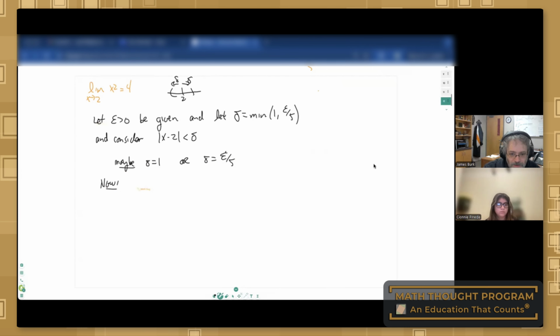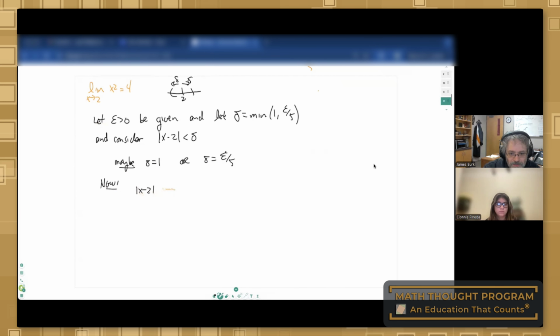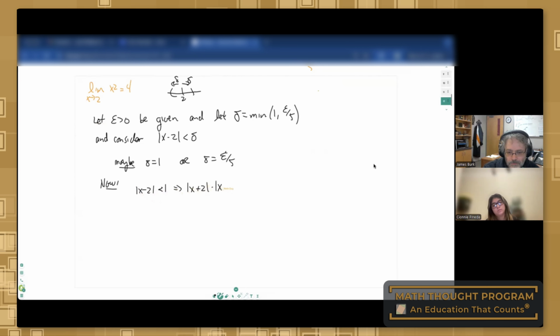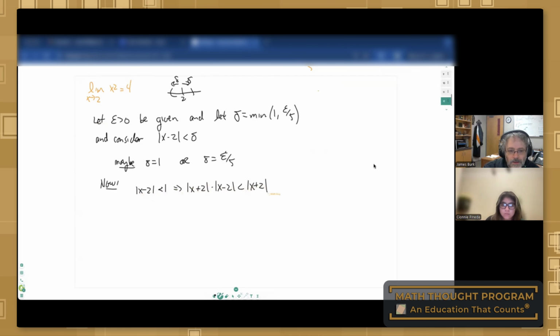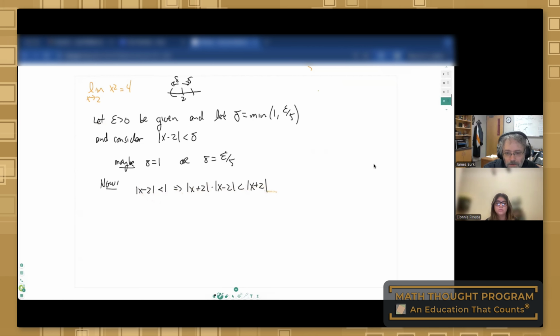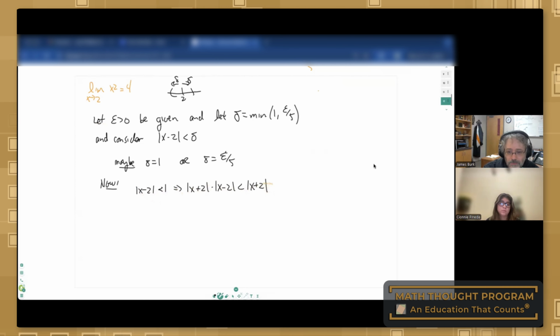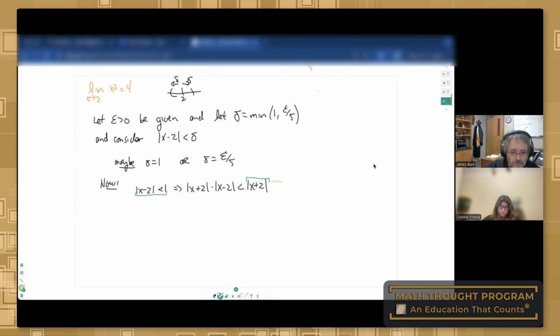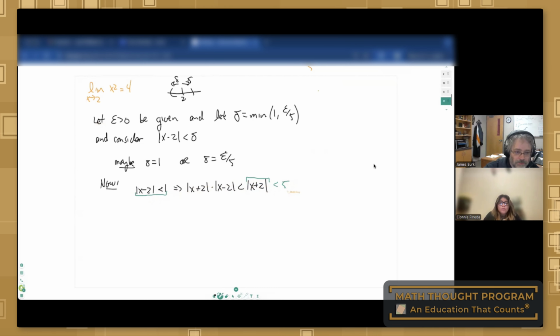Here, if I have |x minus 2| less than 1, I could take this inequality and multiply both sides by |x plus 2|. And I know beyond a shadow of a doubt that whenever I have |x minus 2| less than 1, |x plus 2| is going to have to be less than 5, based upon the work that we did a moment ago.